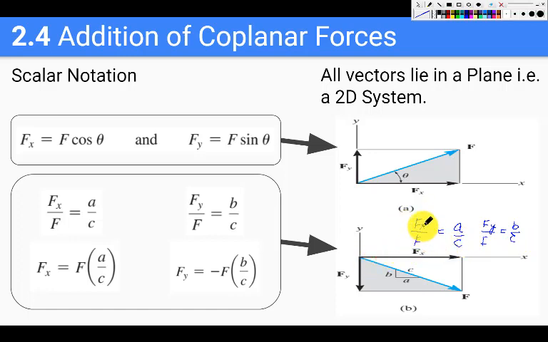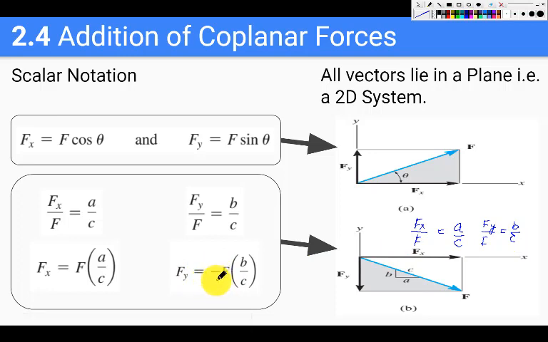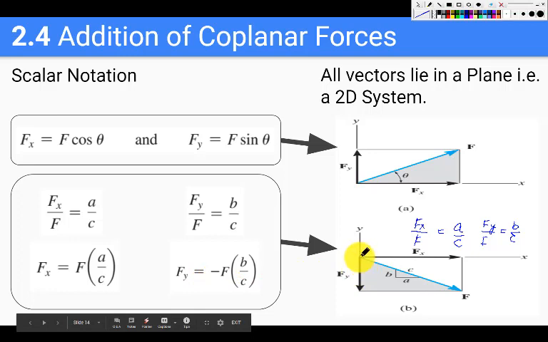And from these we can see that fx is equal to f times A divided by C, which is what we have here, and fy is just f times B divided by C. In this notation we have to be careful about the negative sign, because here we already see that fy is in the negative direction.